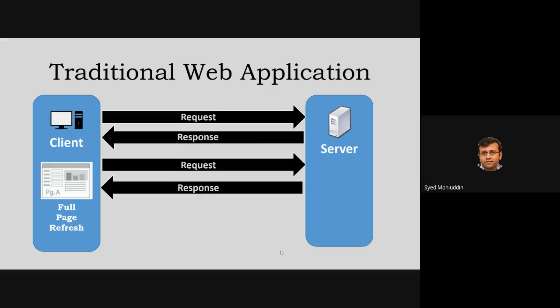Now, the second request: after some time, we want to know the changed score. So when the request was sent by the client, the web browser, the response we got was the full page, the complete page loaded again.